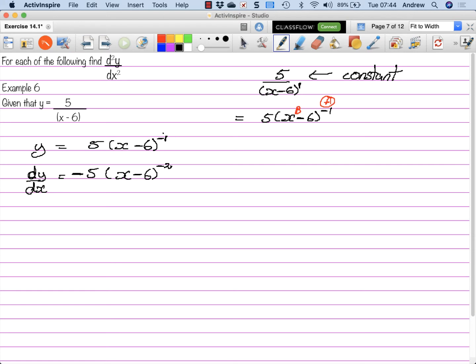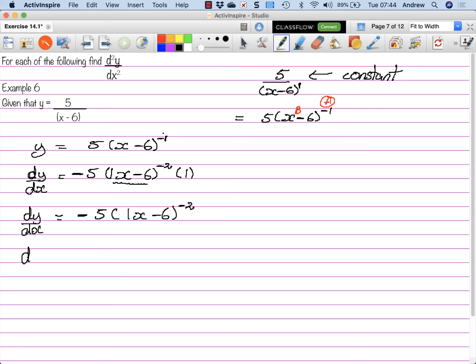And then we're going to multiply by the differential of what's inside. Now, we've got a 1x, so the differential of what's inside is 1. Now we're just going to do a tidy up. dy dx is equal to minus 5 on 1x minus 6 to the power of minus 2.